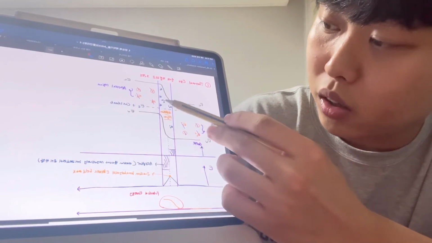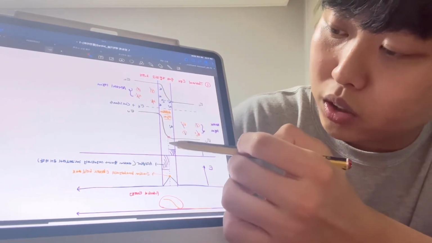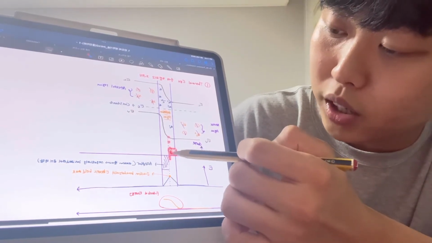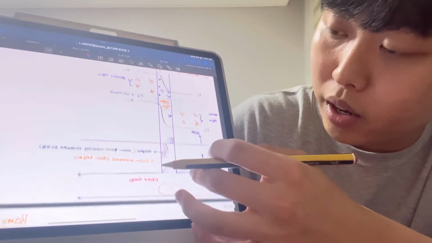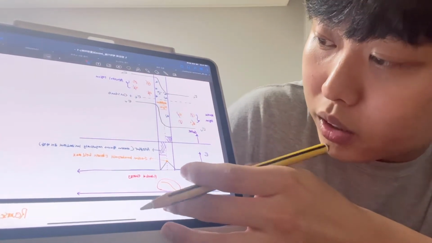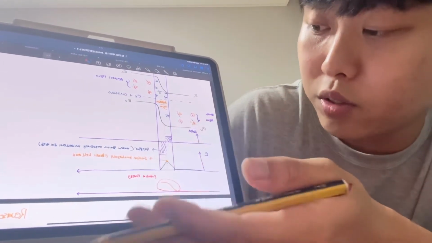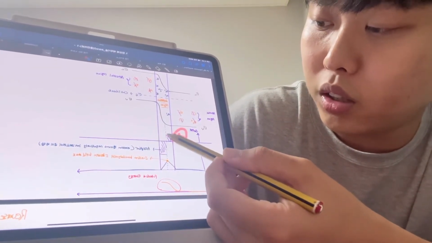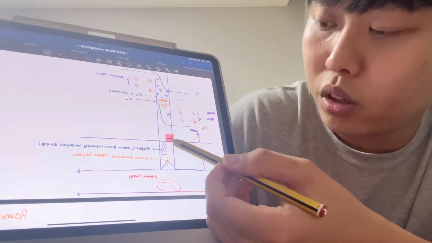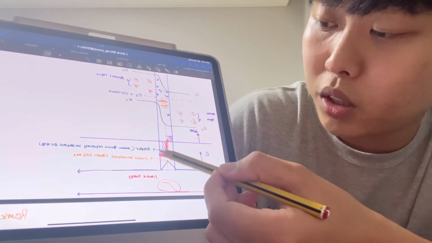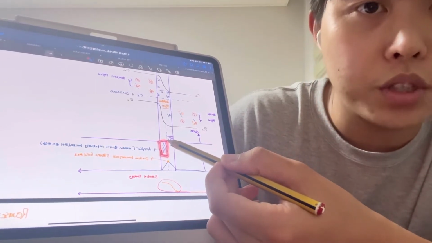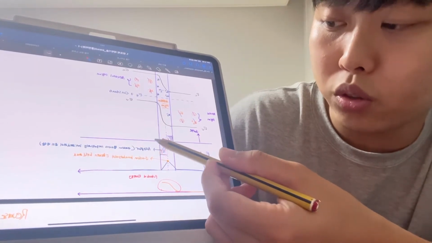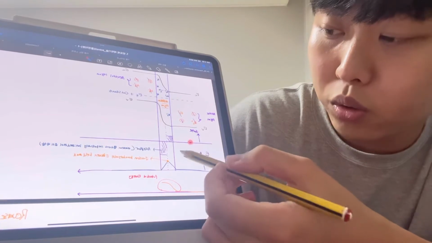In the middle of this line, the left side indicates the n-type. The n-type gives electrons, so they will be positively ionized, and this is the charge I drew. And here, because the p-type accepts electrons and gets negatively ionized, it is drawn under 0.